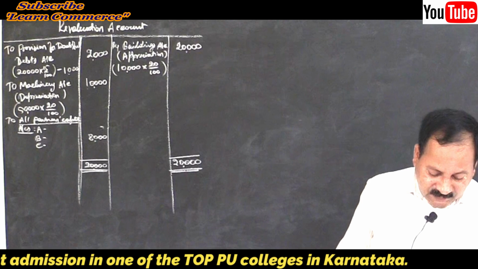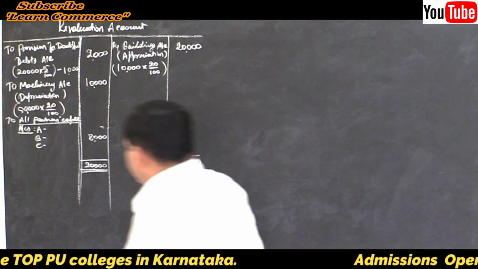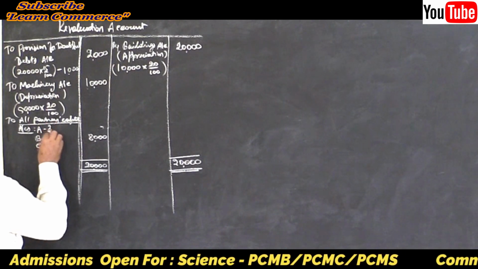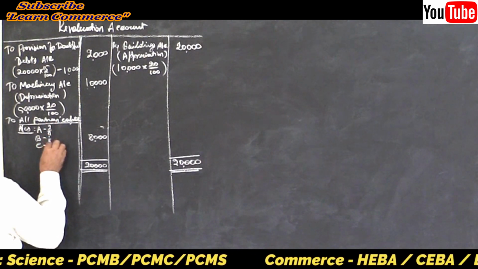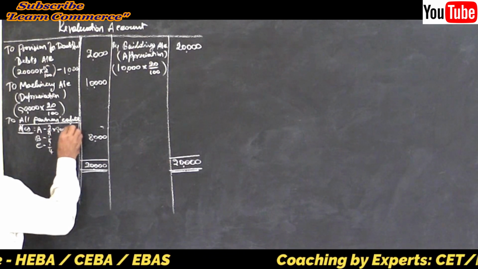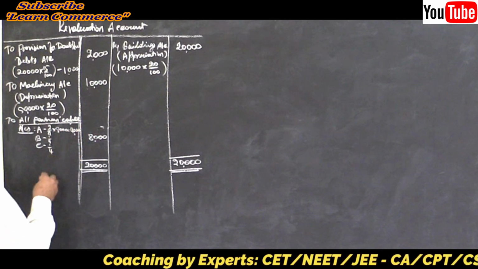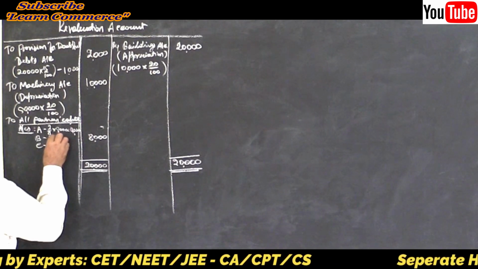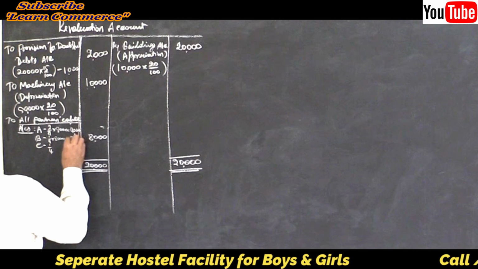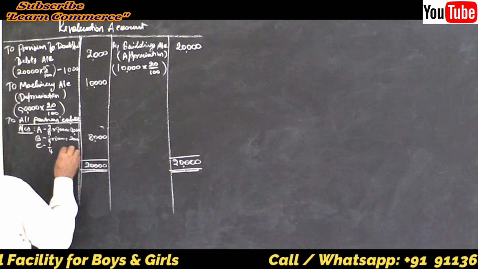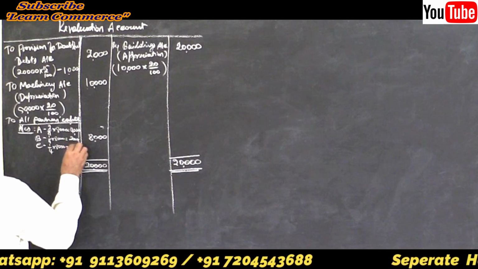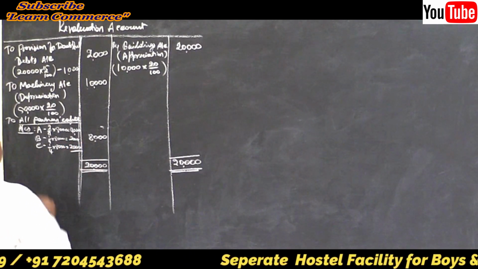So Amit 80,000, Bhimu 40,000, Chandru 40,000. So it will be 2:1:1, that is 2/4, 1/4 and 1/4 into 8,000. 4,000 is Amit's share and Bhimu's share is how much? 2,000, and again Chandru's share 2,000. Yes, so 8,000.